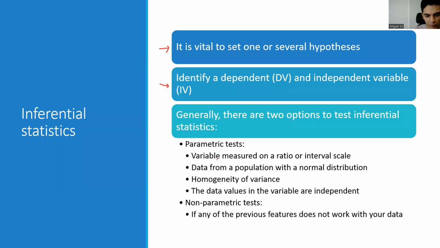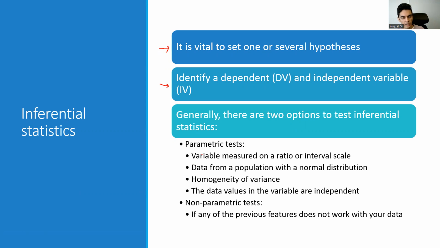Okay, so I can choose if I am going to use a parametric test or a non-parametric test. And how can I decide that? It's very tricky. You need to almost have your statistics book next to you to know what to do depending on your variable. So you should always have your book next to you.